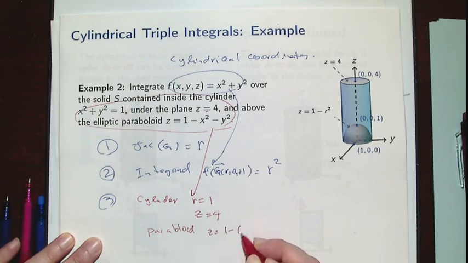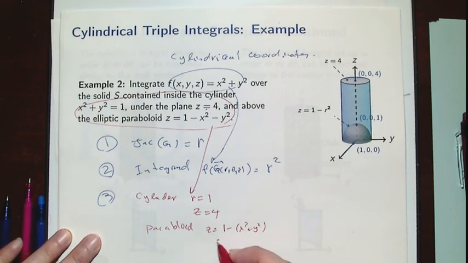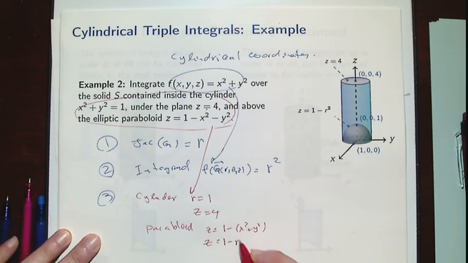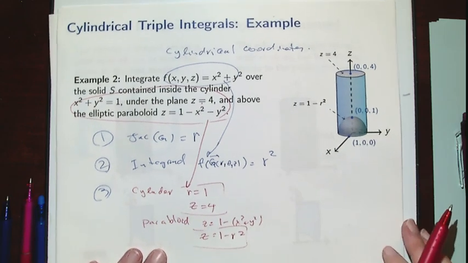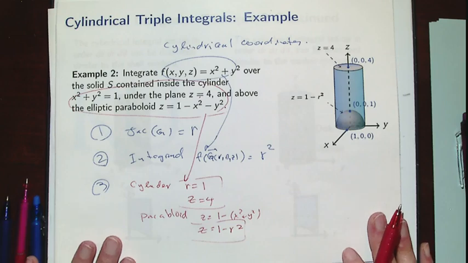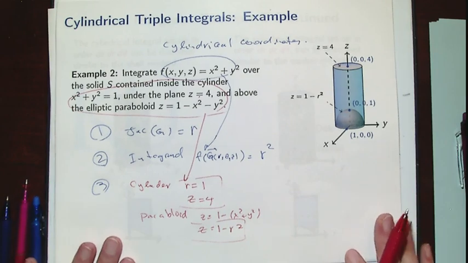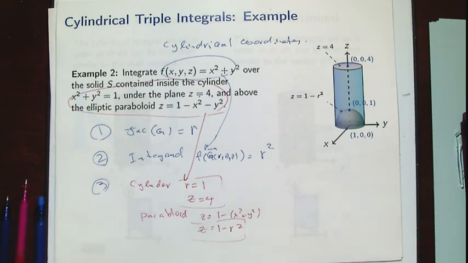Z equals 1 minus x squared plus y squared, right? That is z equal to 1 minus r squared. So all the conversions are done. Now tell me, guys, is there any limitation besides 0 to 2 pi on theta here?